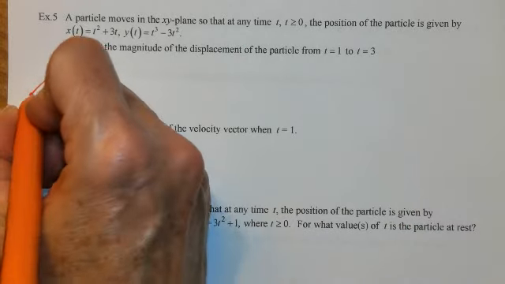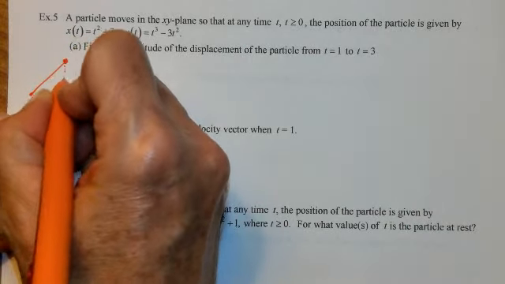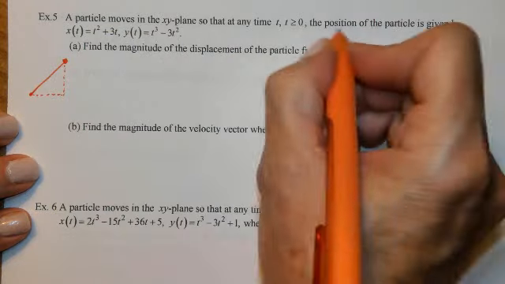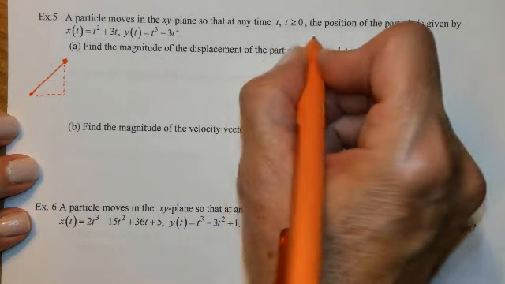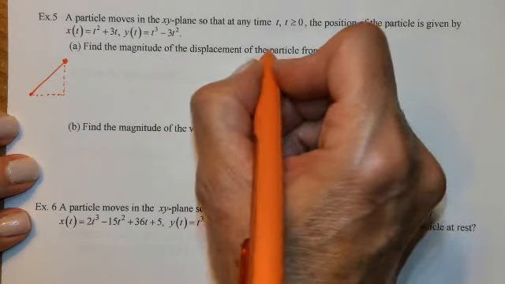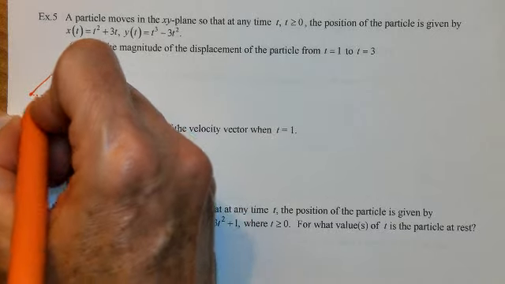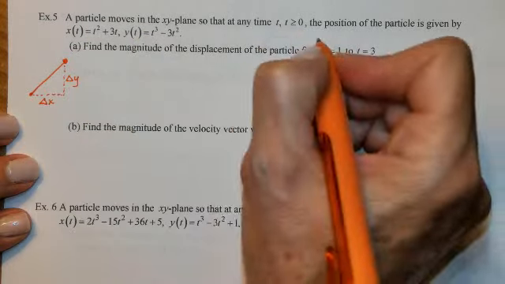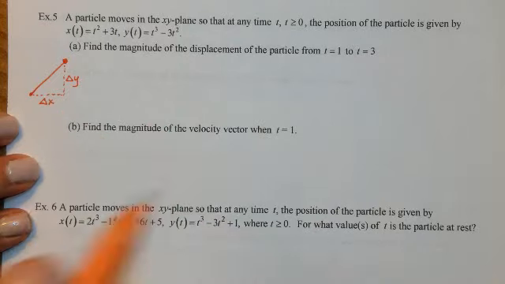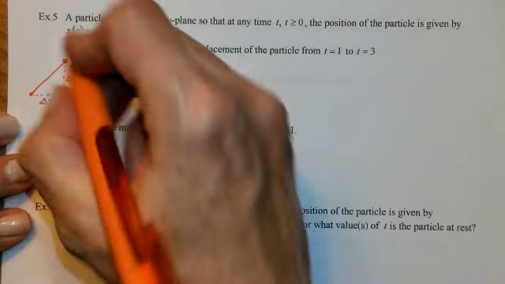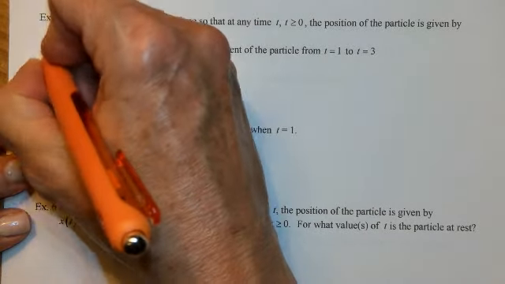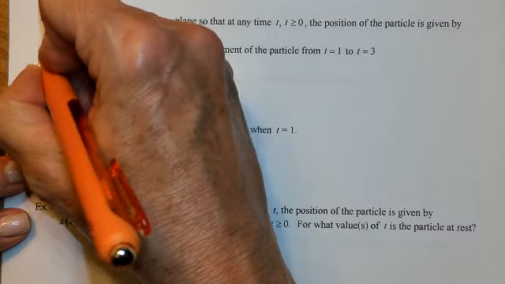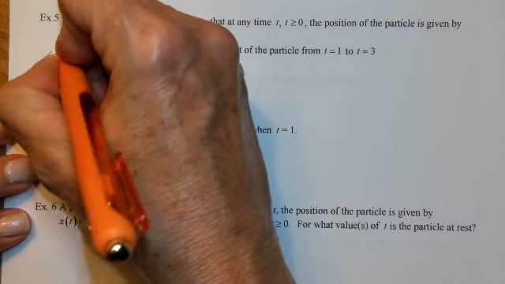Keep in mind that we always are dealing with components in particle motion and motion on a curve. We're always dealing with x and y components. So break it down into the components. This is delta x and delta y, right? So what is the length of that line? Pythagorean theorem, right? Delta x squared plus delta y squared.